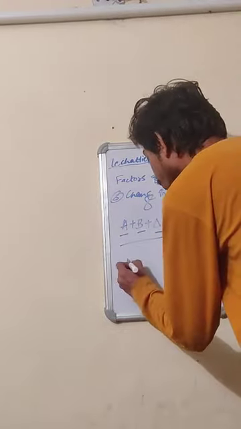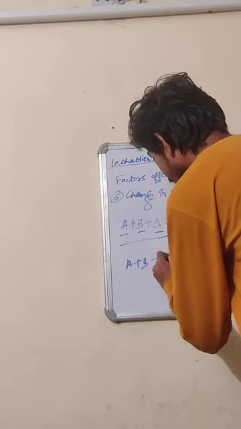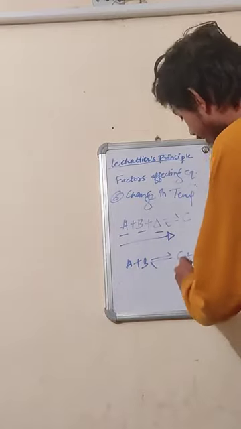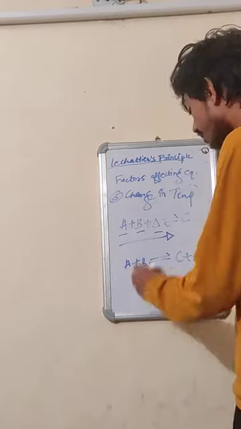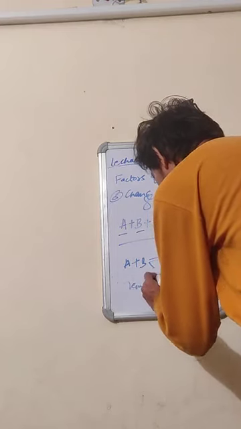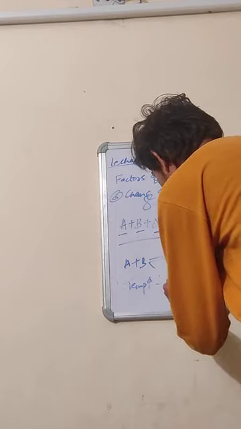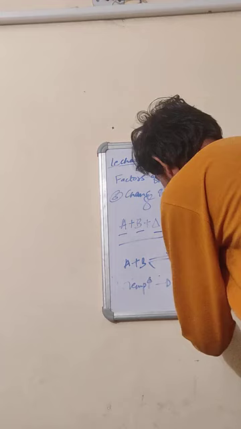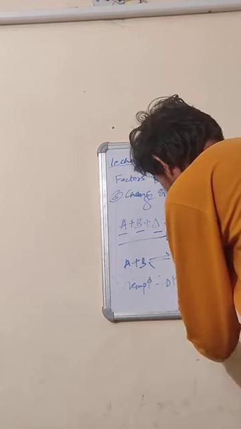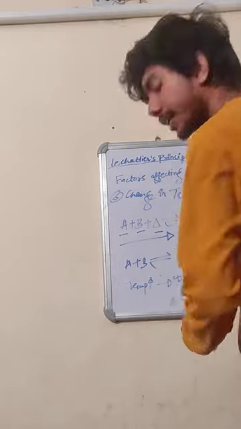Or suppose the reaction should have been like this. In this case the temperature is increased. When the temperature is increased, heat is absorbed, so it is endothermic, and it will move in that direction only.